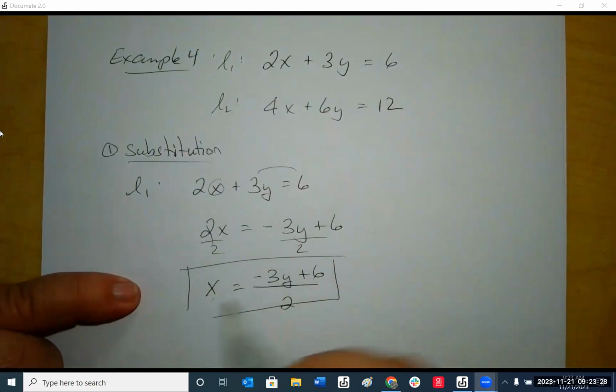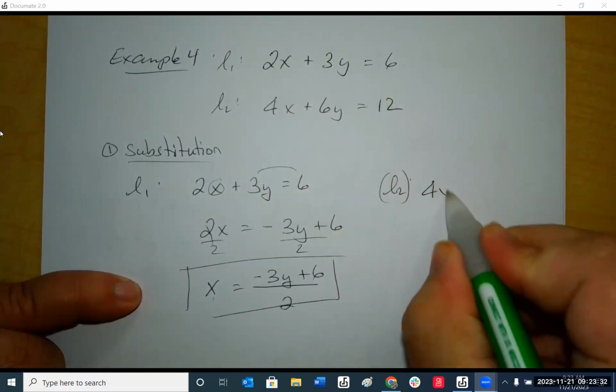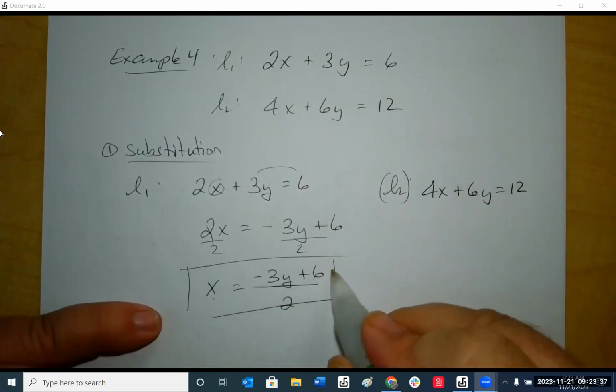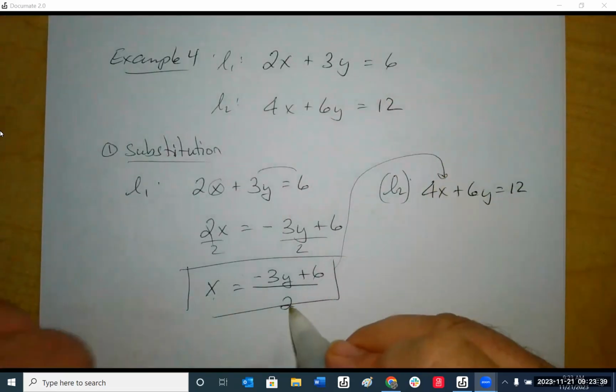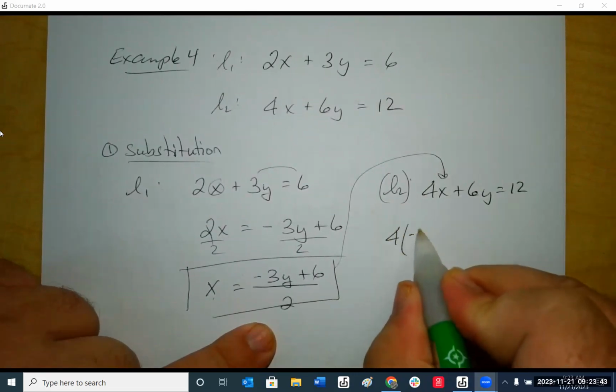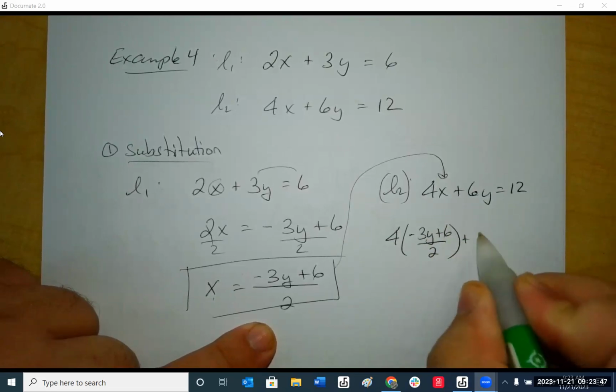So now I plug this into the second line. 4x plus 6y equals 12. Anywhere I see an x, I put this equation. So it's negative 3y plus 6 over 2.